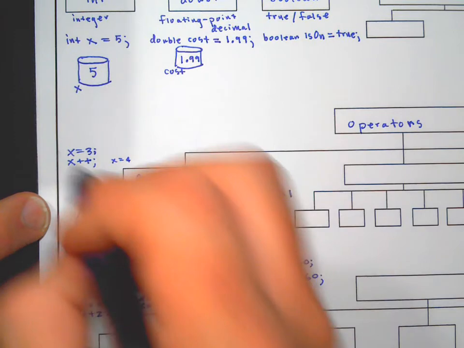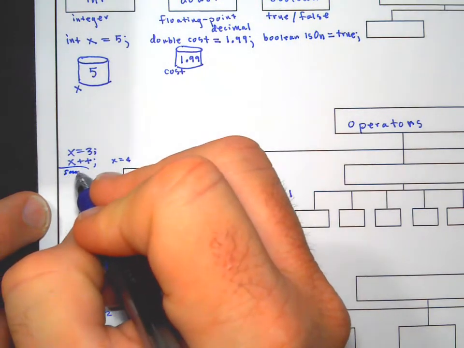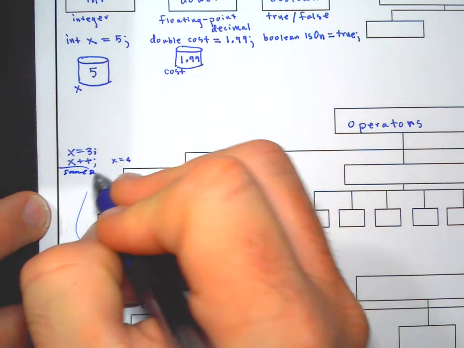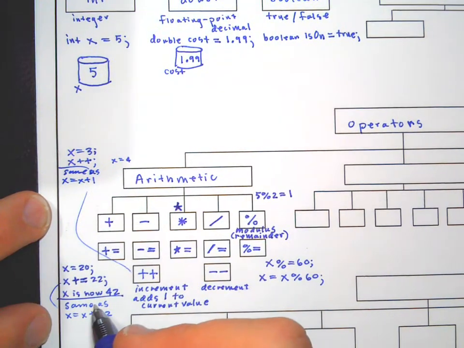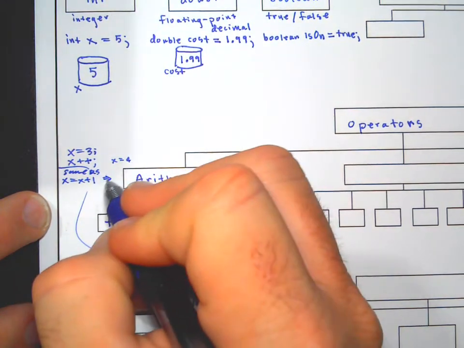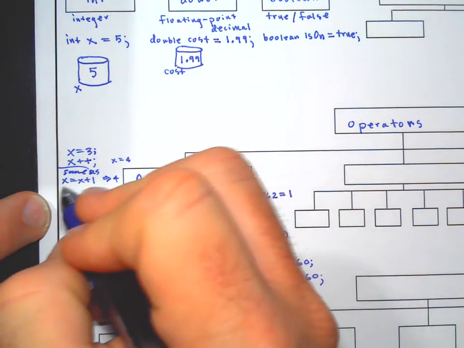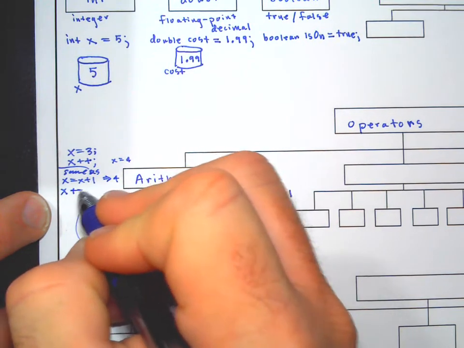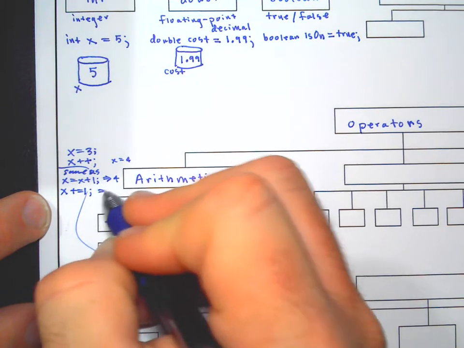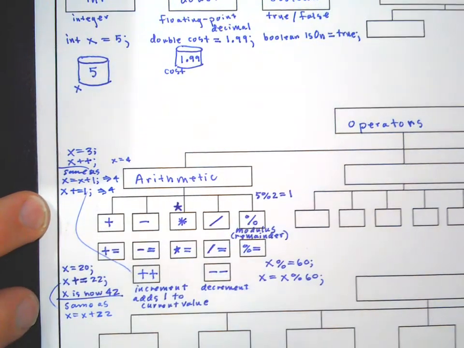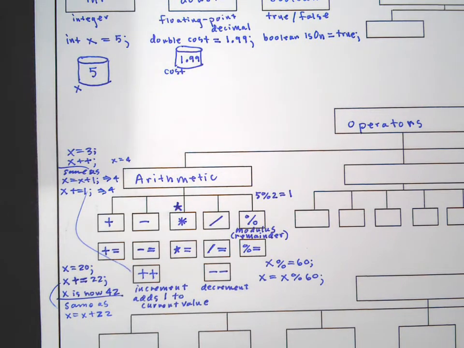It's the same as x equals x plus 1. Okay. That would also give you 4, right? It's also the same as x plus equals 1. So you could use that other shortcut right there. But if you're just adding 1, plus plus is the way to go.